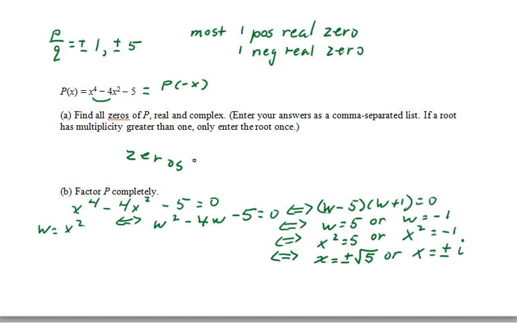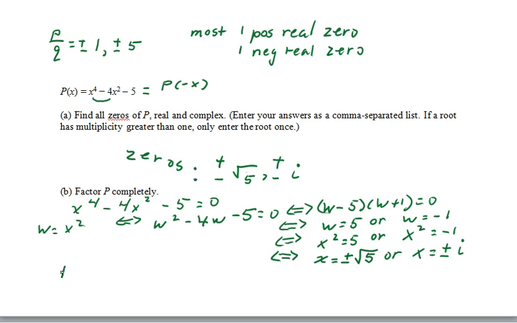We came about them by first figuring out the factorization. So we have plus or minus square root of 5 and plus or minus i. So those are our options in terms of zeros.